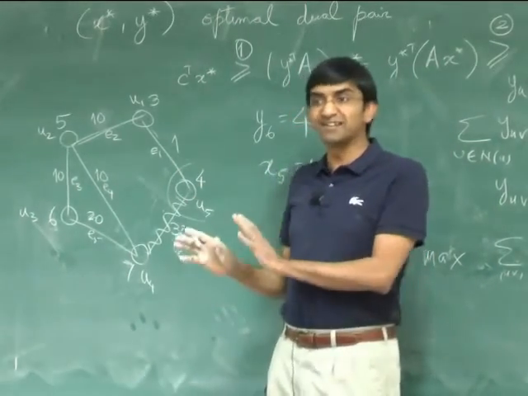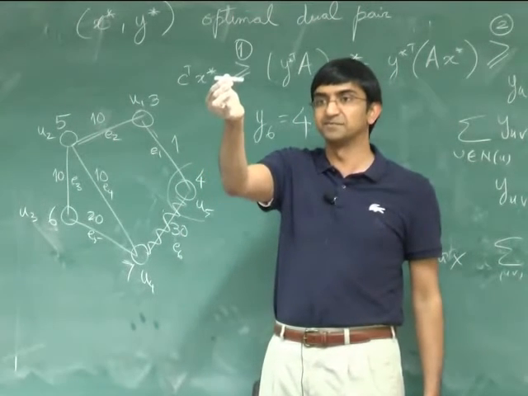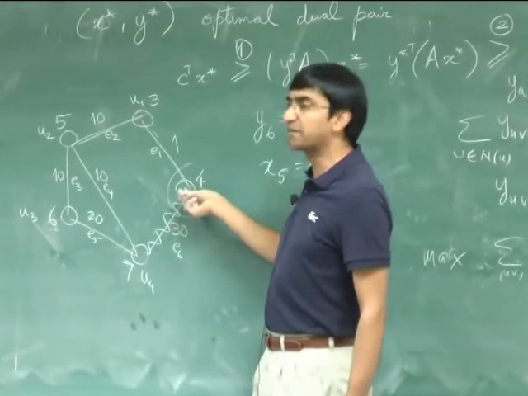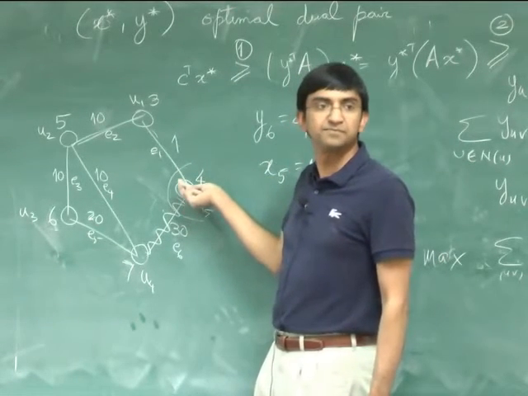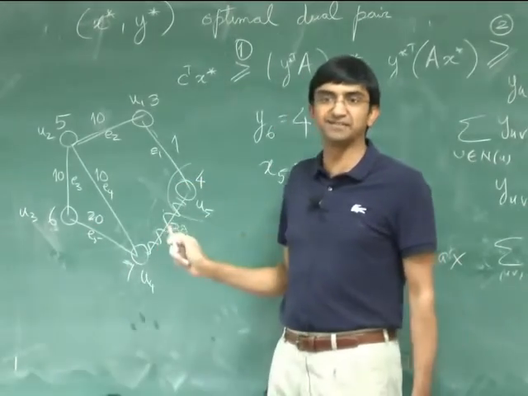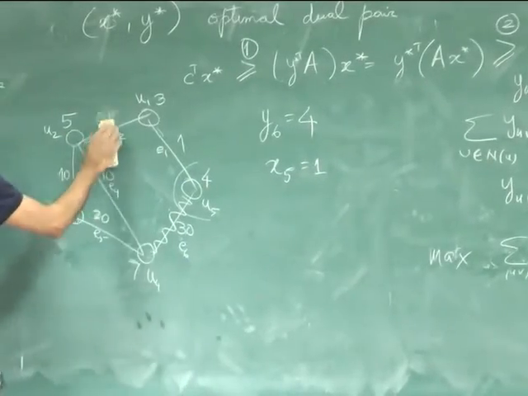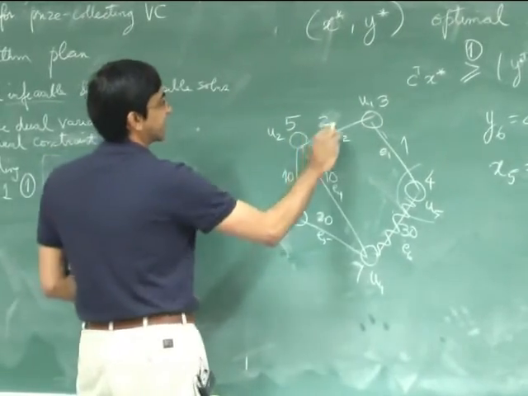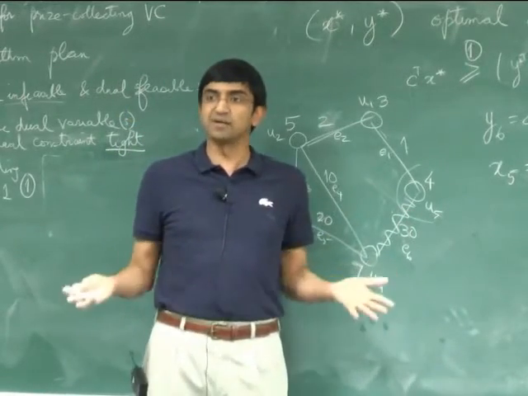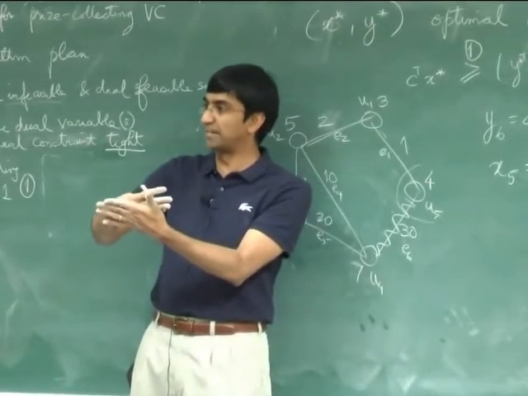So actually the algorithm has a nice structure. You pick any edge, you keep on increasing it until either an endpoint complains, or its own constraint complains. Let me try to change this number to illustrate that next. Whichever one complains, when it becomes tight, you take the maximum that this y value can be.